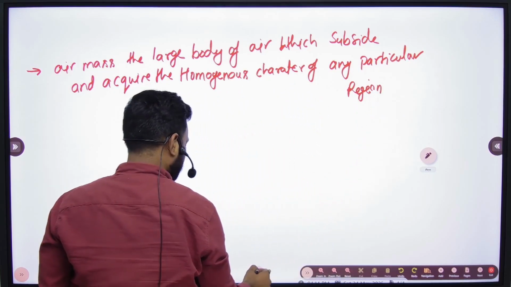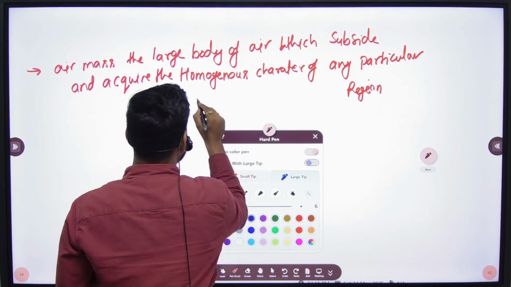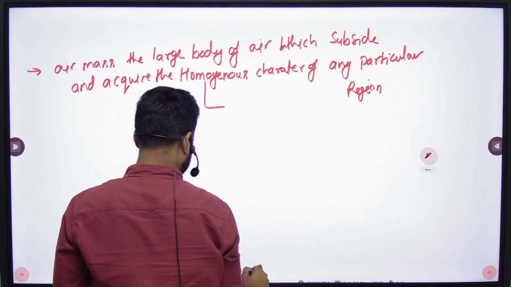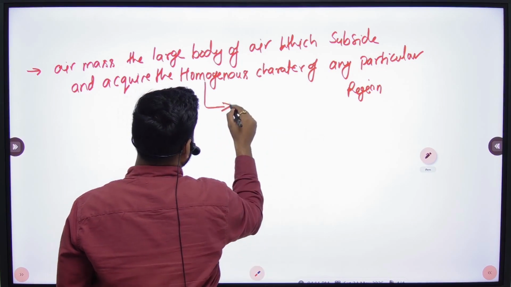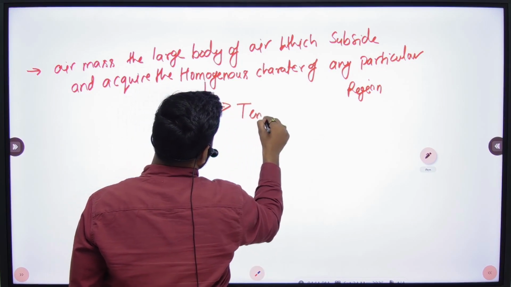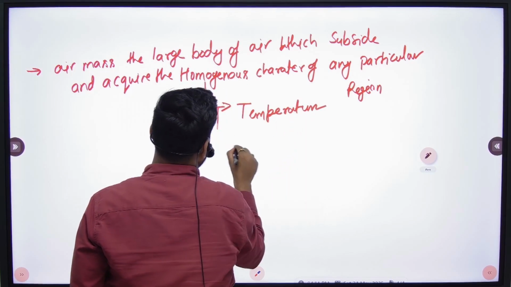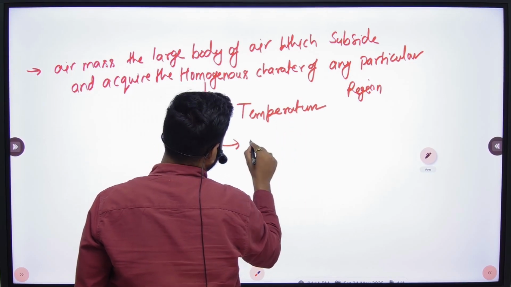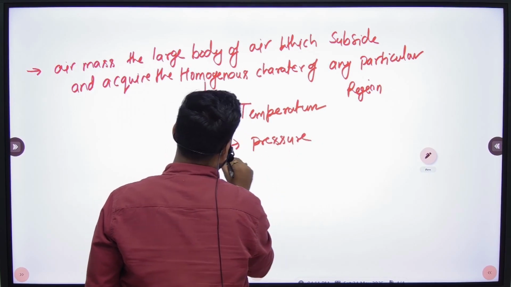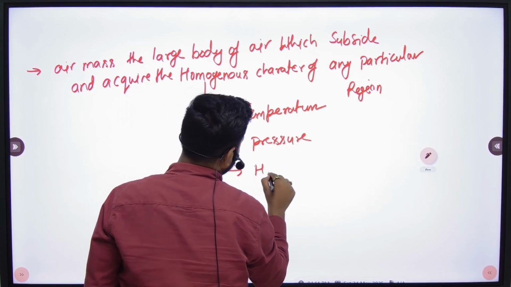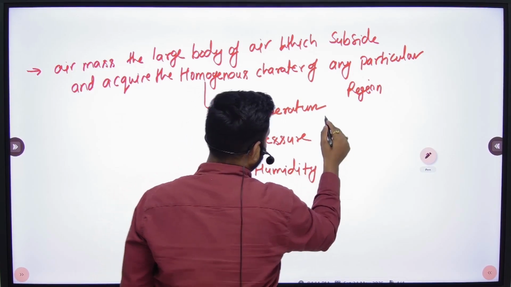Whenever we are using the term homogeneous, it simply means that the temperature, pressure and humidity should be uniform.